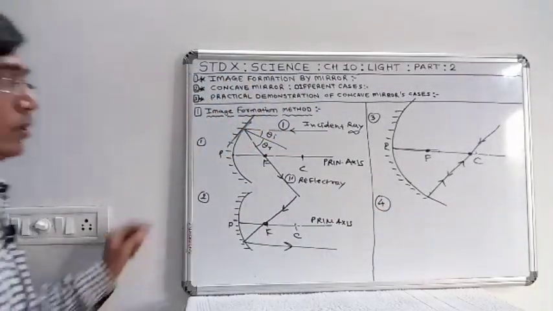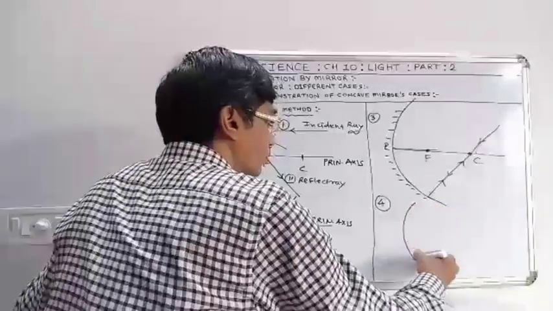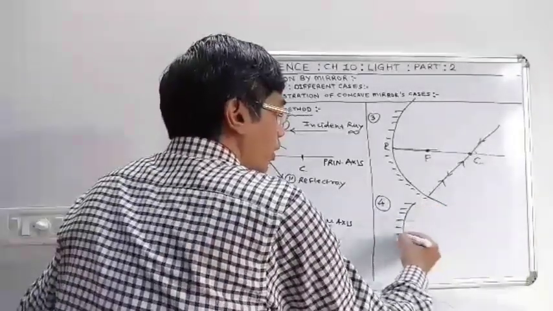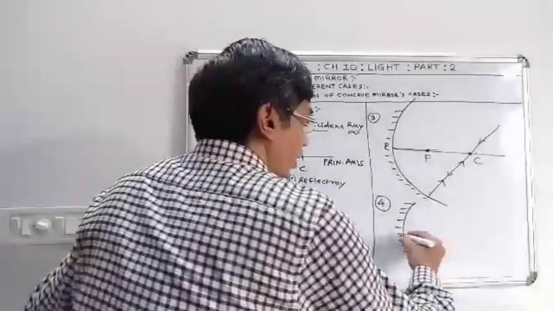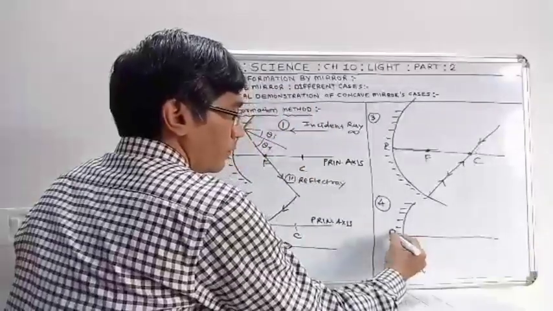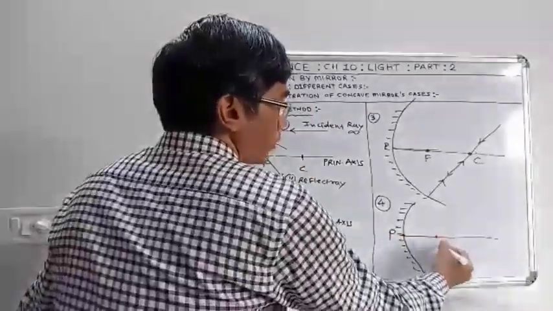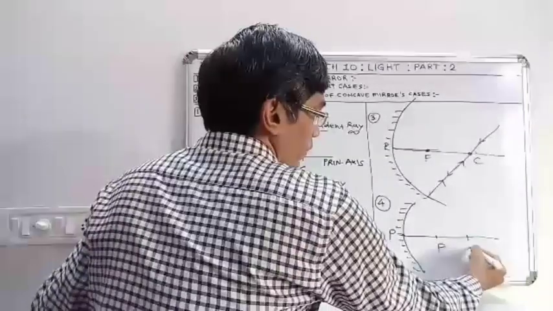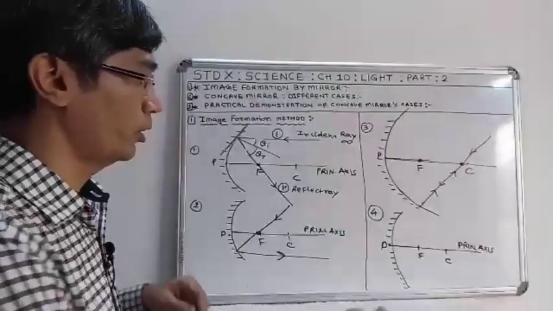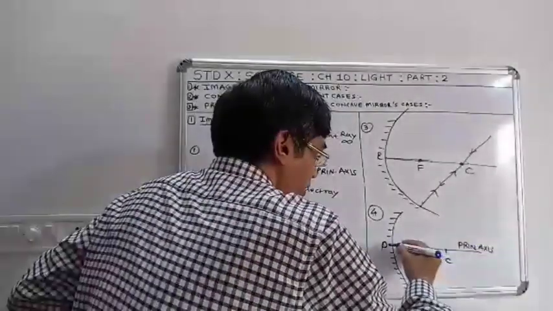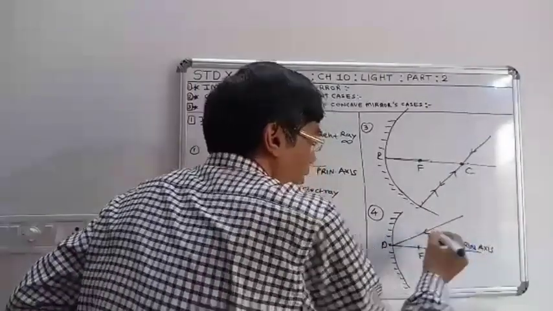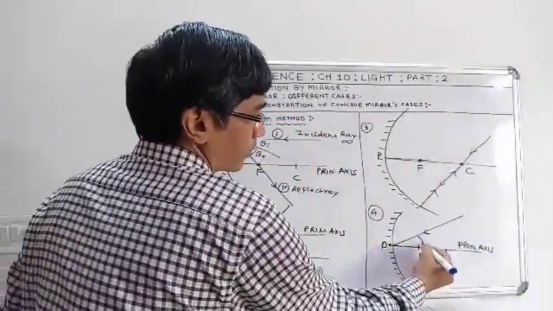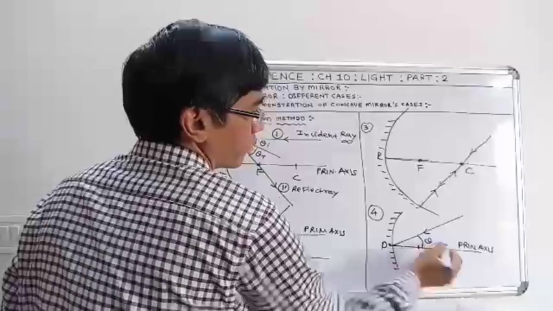Fourth point, if you are taking any incident ray, here we have the pole, this is the concave mirror, focal point F, this is the C. Here the ray is incident at the point P and makes the angle theta with the principal axis.